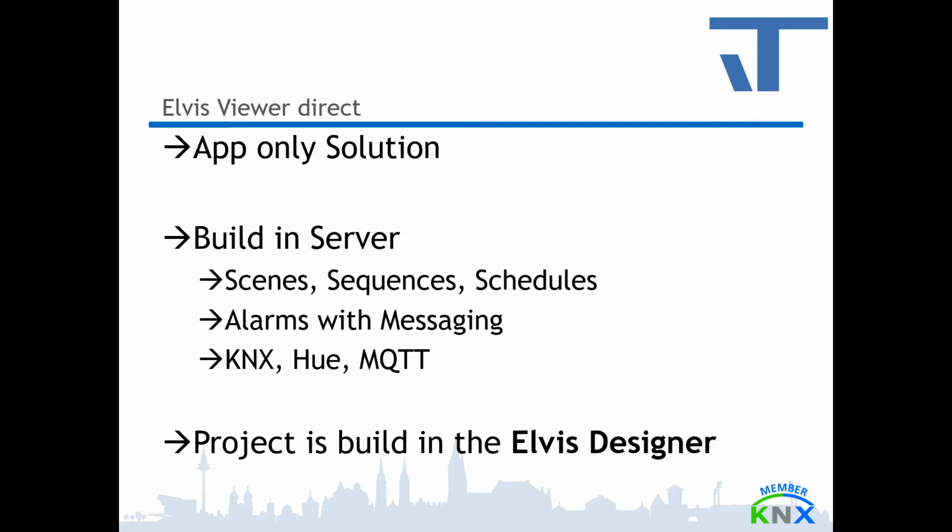Elvis Direct can connect to KNX directly, Hue and MQTT, and also offers a built-in MQTT broker. The best thing is, you use the same design tool, the Elvis Designer, so once your client wants to build a bigger or more complex solution, you can just extend this project and load it onto an Elvis server.